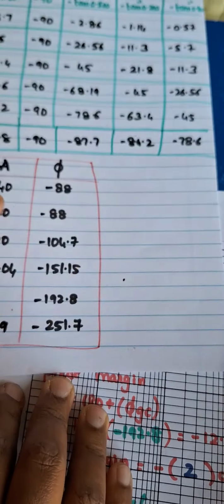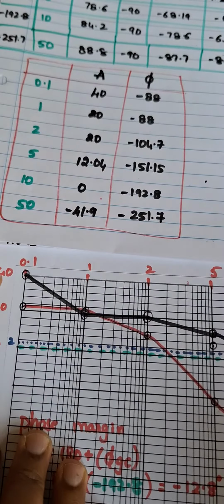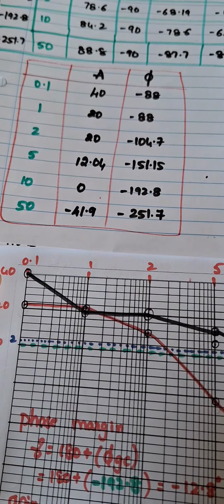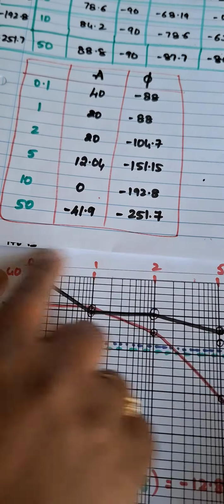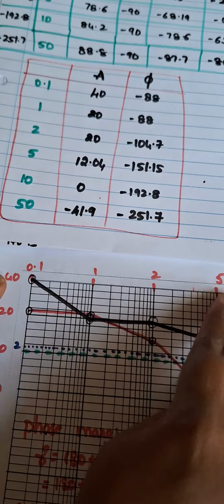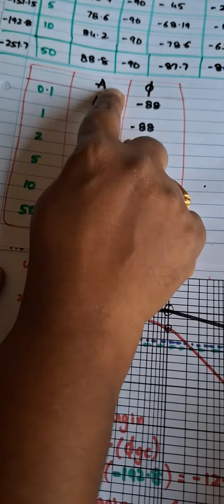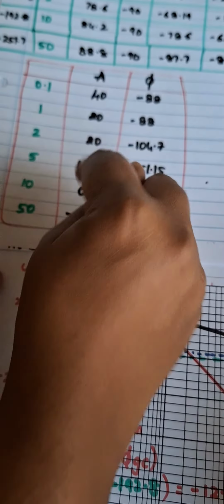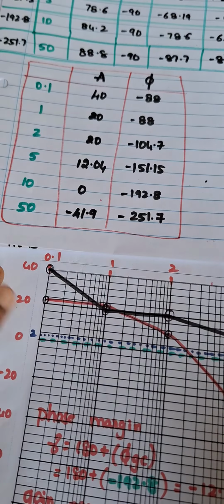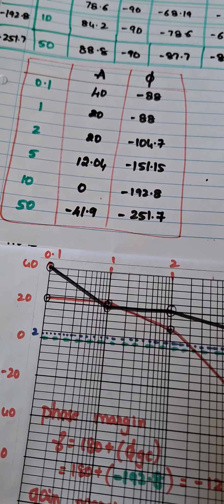We got 40, right? For 0.1 it is 40. On the top side, it can be according to our values. Here I took even, so it is 40, so I kept 20, 0, because it started with 40. I can see there is a difference of 20, so I thought let it be 20. But if you want to change, it's up to you. So 40, 20, 0, minus 20, minus 40, minus 60.